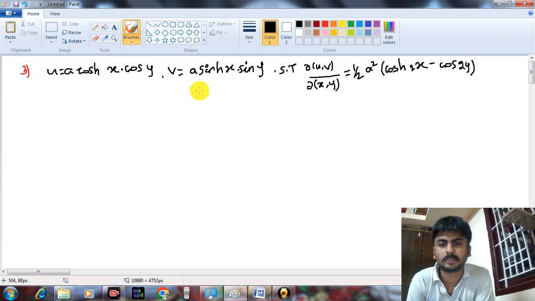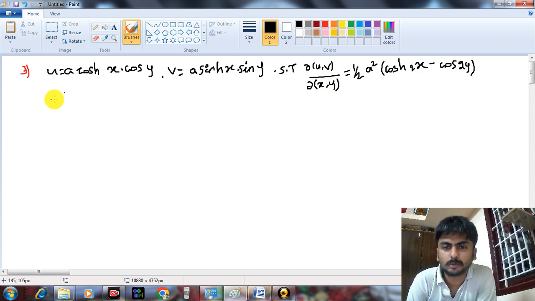So how to prove this? First we want to write the formula.